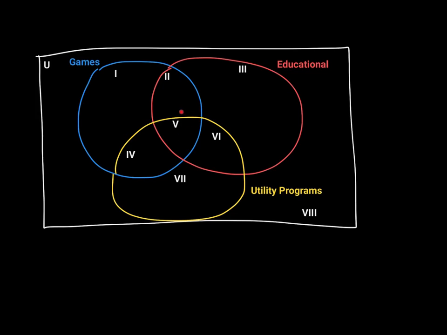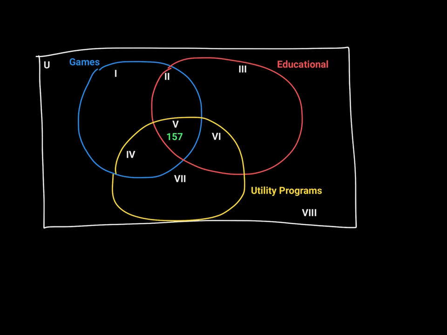All right, let's start with Region 5. Now, the problem actually tells us that 157 purchased all three types of software. So we have 157 here right in the middle. There, 157 is the number of customers that purchased all three types of software.